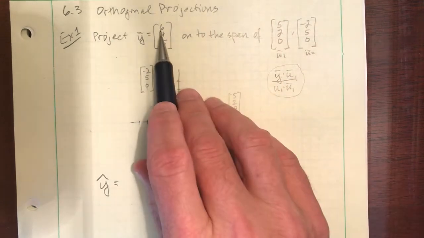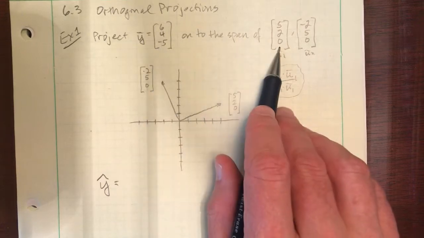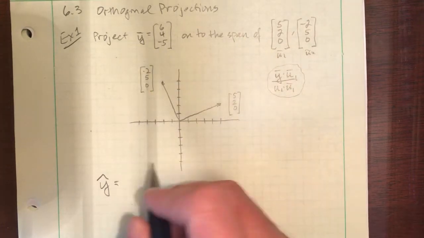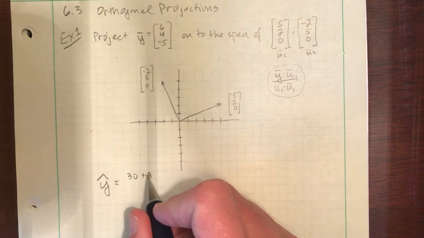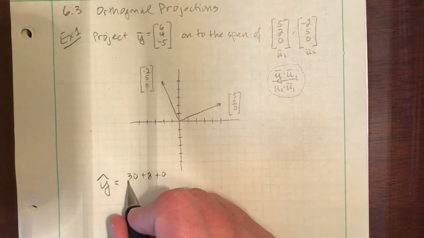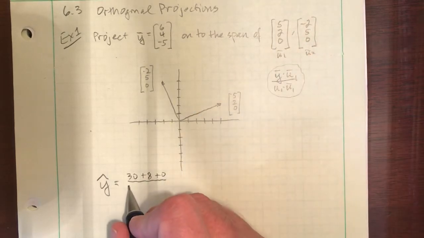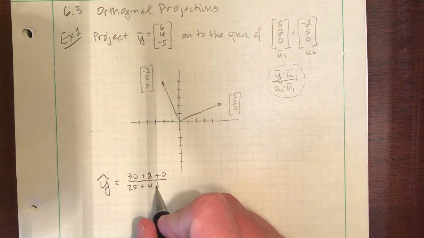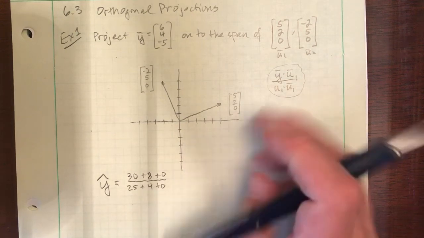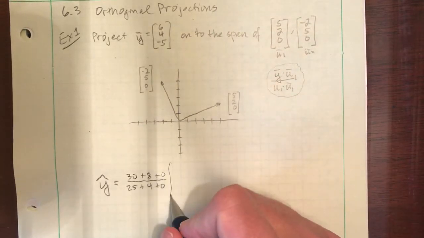So let me point and get these up here. Again, I take the dot product of y with the first vector: 6 times 5, 4 times 2, and negative 5 times 0, over u dotted with itself, so 5 times 5 plus 2 times 2 plus 0 times 0. So that's going to become the scalar in front of the u vector.